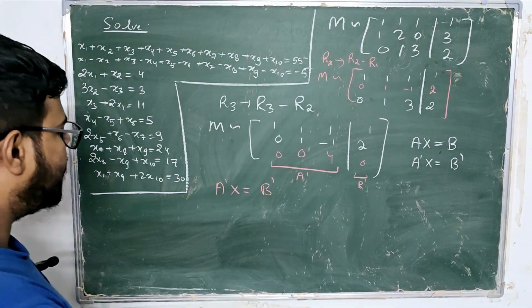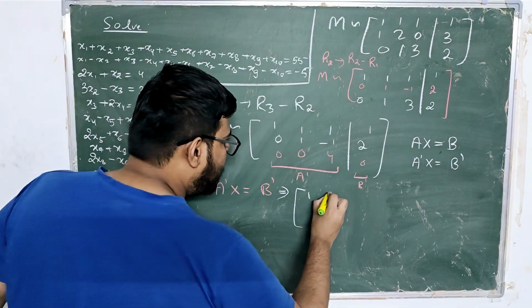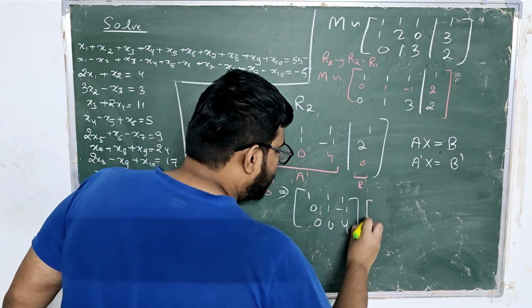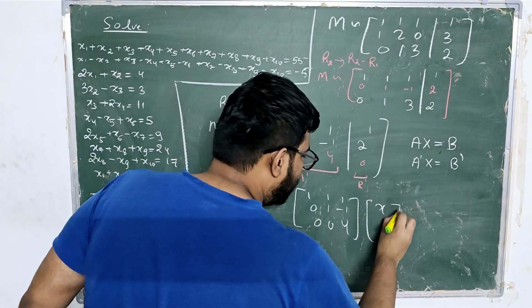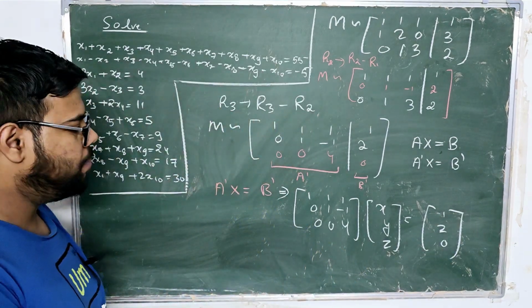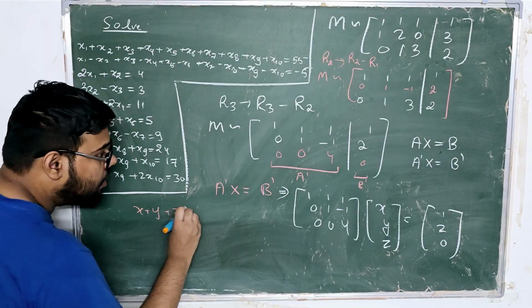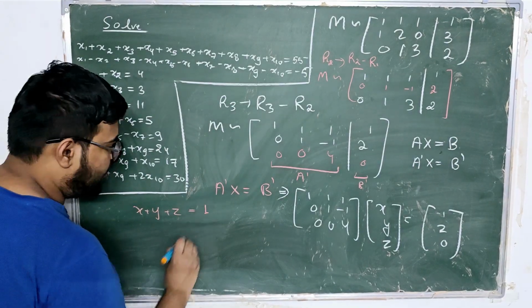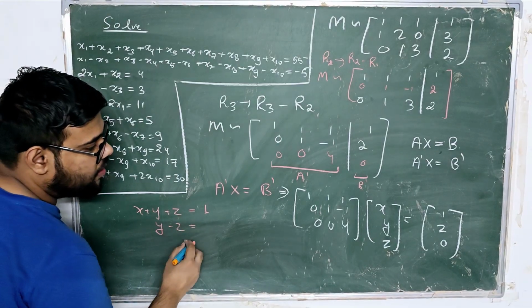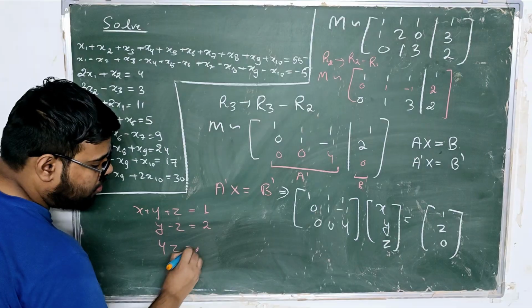So we have A prime x is equal to B prime. Now just open it. You will get 1 1 1, 0 1 negative 1, 0 0 4 times x y z is equal to 1 2 0. Opening it, you get x plus y plus z is equal to 1, y minus z is equal to 2, and 4 times z is equal to 0.